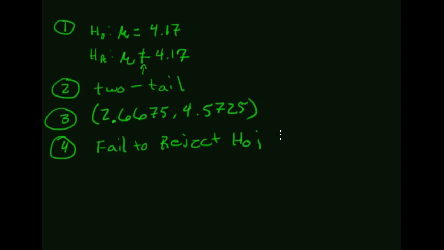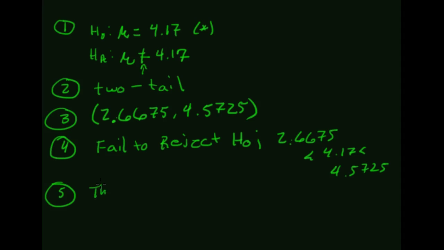And why do we do that? Because 2.6675 is less than 4.17, which is less than 4.5725. So we fail to reject. In all of these problems, the null is going to represent the claim.